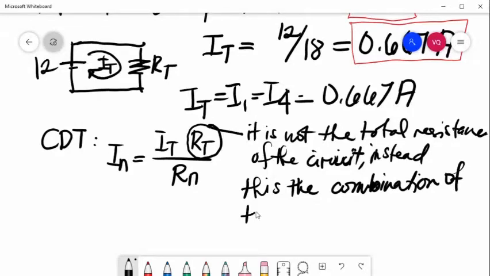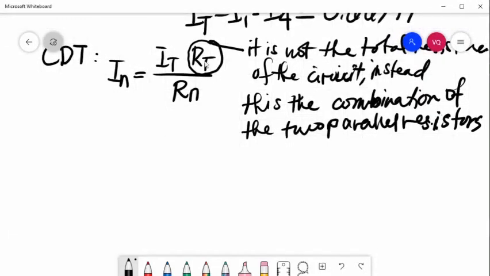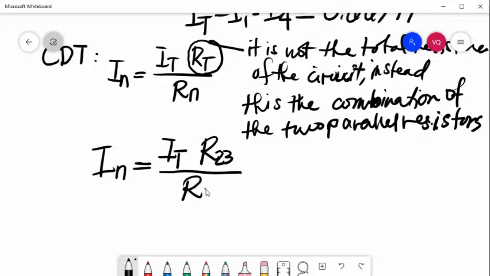In this case, the two parallel resistors are the R23. Therefore, RT here will be your R23. So, let's say IN is equal to total current multiplied by R23 divided by your Rn.